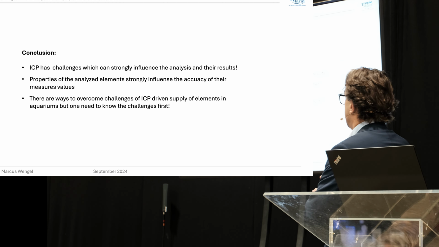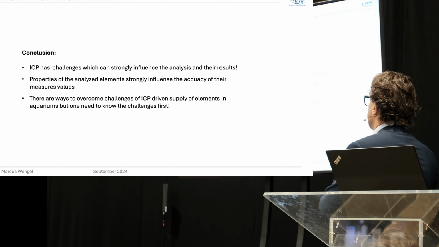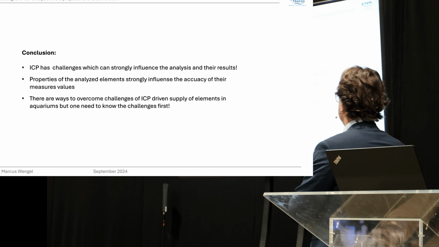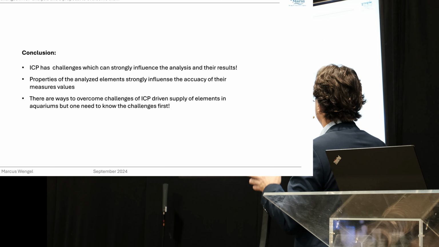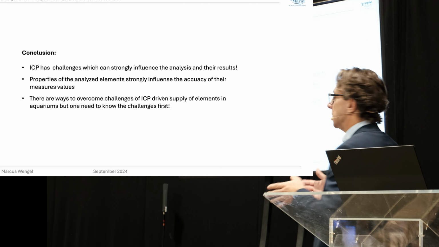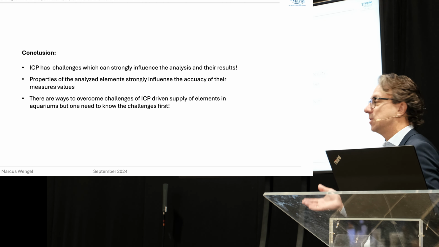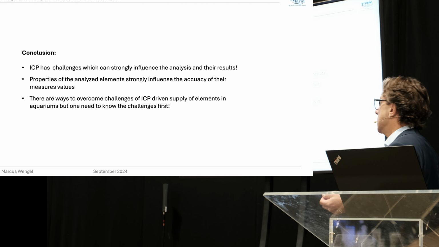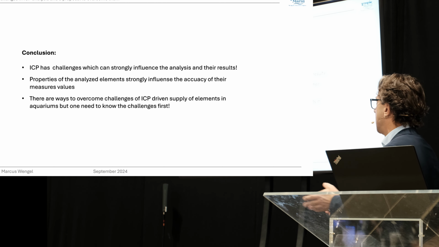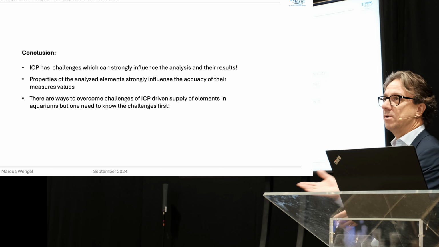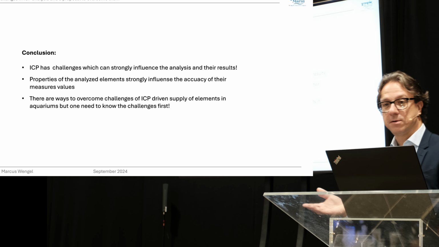And there are ways to overcome these challenges of ICP-driven supply of elements in aquariums, but one needs to know the challenges first. If you don't know which challenges are there, which problems ICP has, you will always trust each result. You can trust manganese, you can trust iron, but always be careful measuring vanadium or other things.